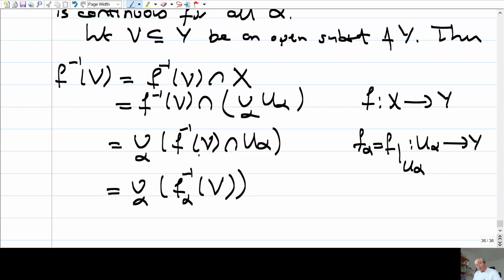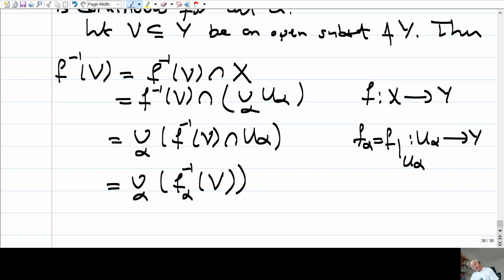So this means I am looking at all the points in u alpha that are mapped into v. Well, this is exactly this gadget, right? And I know that each f alpha is continuous. The restriction of f to each u alpha is continuous.